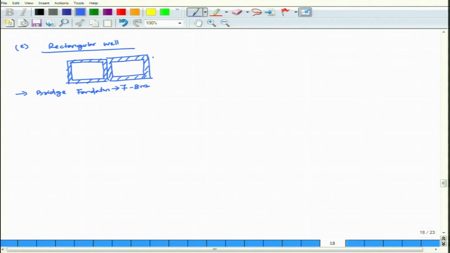Let us look at a cross sectional view, what are the different parts in a well foundation. Then we will go through the definitions one by one.